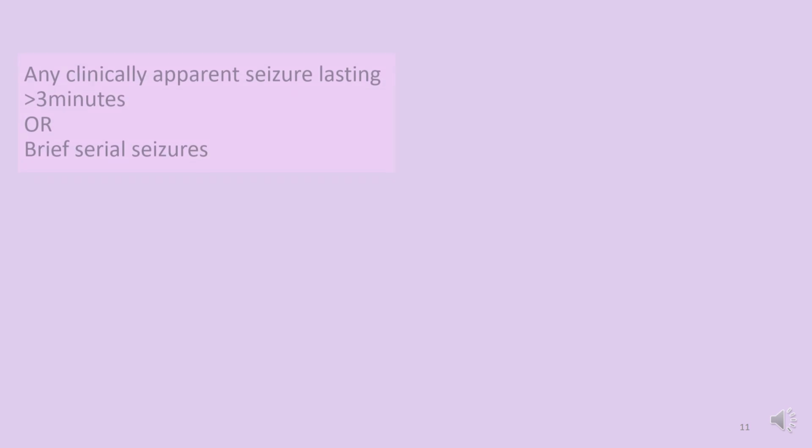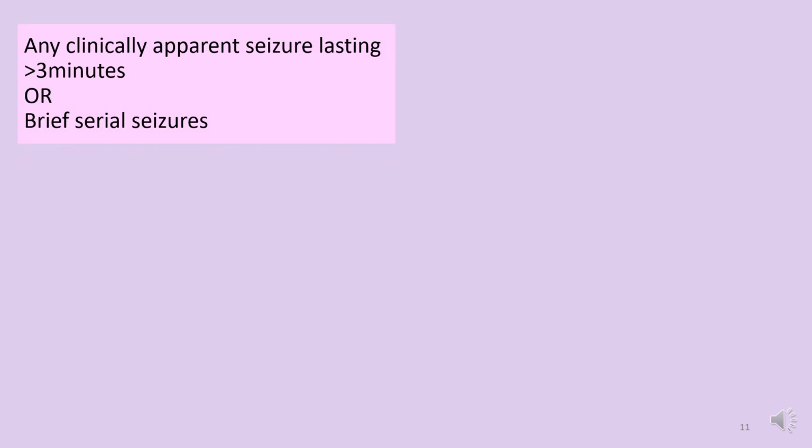Having talked about the child who is beyond the neonatal period, let's now talk about the neonate who also presents with convulsions. In this case, we are going to be looking at a convulsion that is lasting more than 3 minutes, as opposed to the bigger child in whom we said you give treatment to a child who is convulsing for more than 5 minutes.